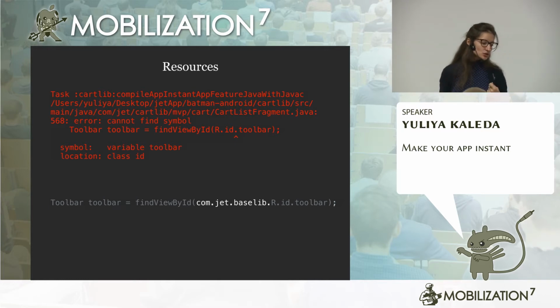So when we started to look deeper into the issue, we realized that the XML file where this resource is defined was located in the base module, but we were using this XML file in a feature module, right? And in Instant Apps, in the manifest file, you will have different package names for each and every feature module and the base module.